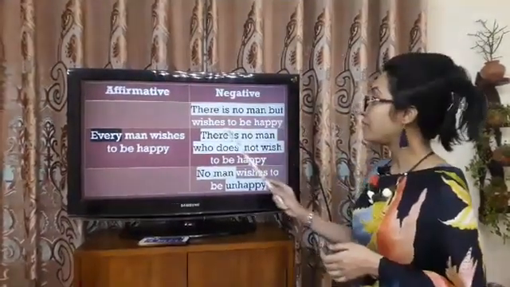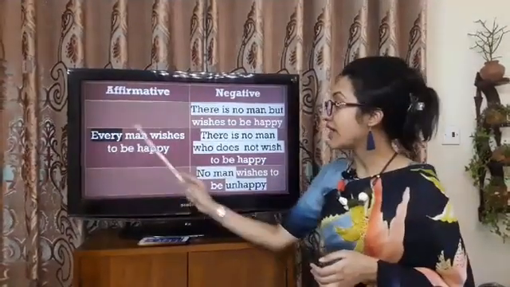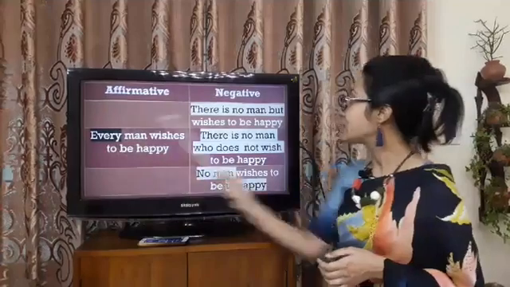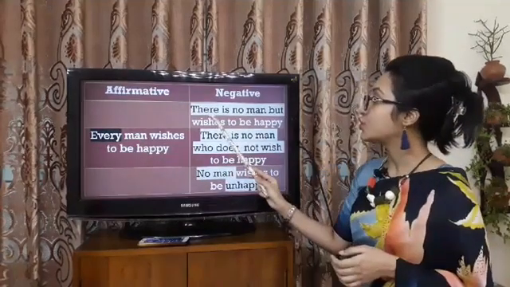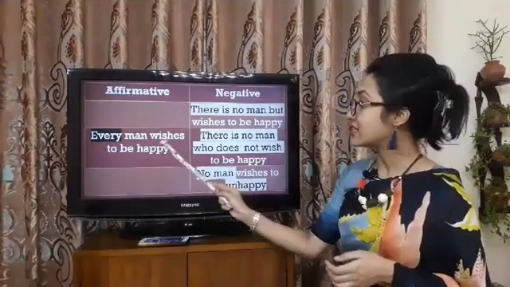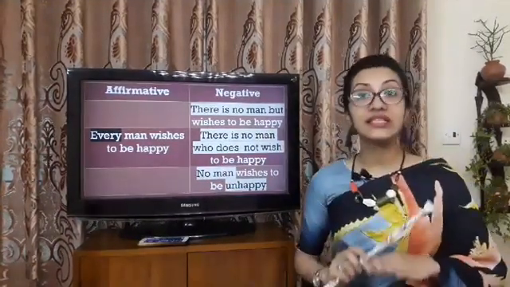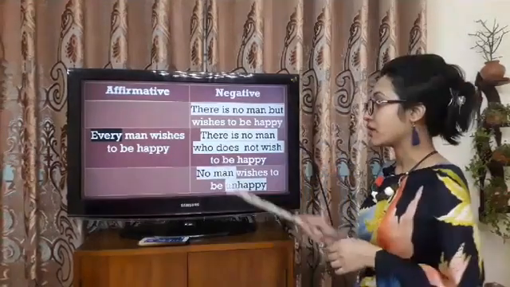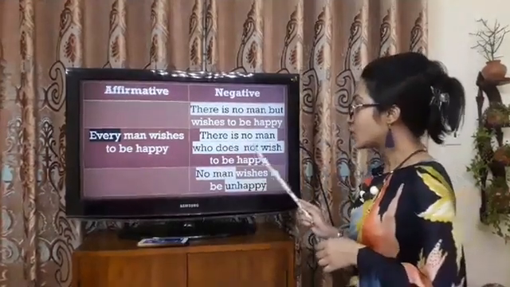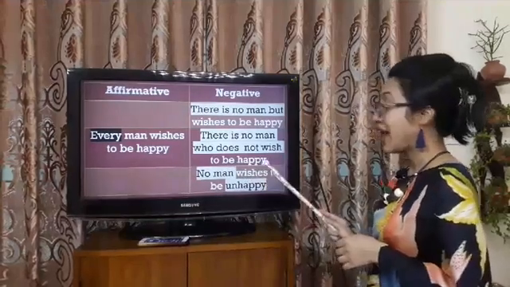As you can see, the highlighted part has been changed into there is no man but. The rest of the sentence, wishes to be happy, remains the same. The second one: there is no man who does not wish to be happy.